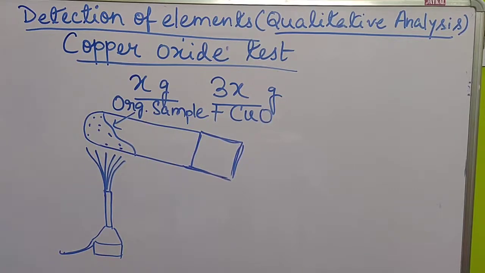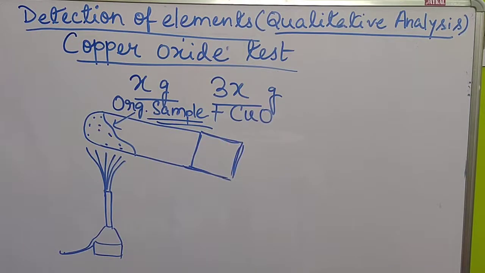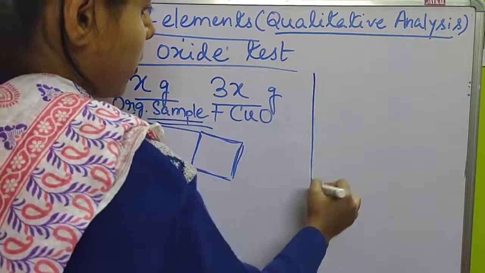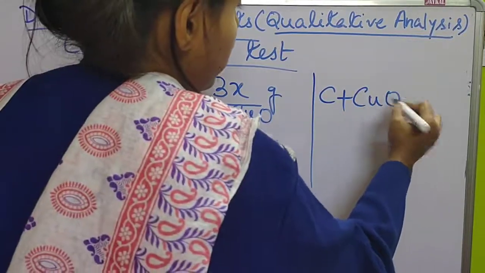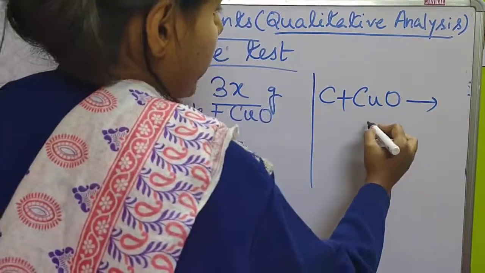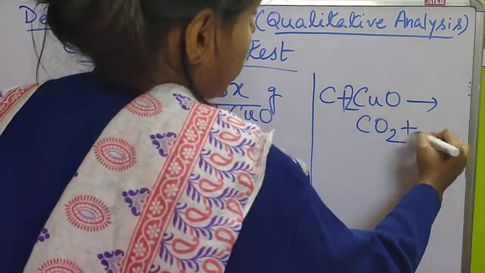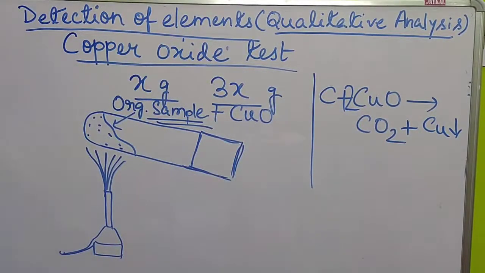Now what will happen? As the organic sample contains carbon as well as hydrogen, whenever it is heated in the presence of copper oxide, carbon first reacts with copper oxide, forming carbon dioxide gas, and metallic copper is deposited separately.